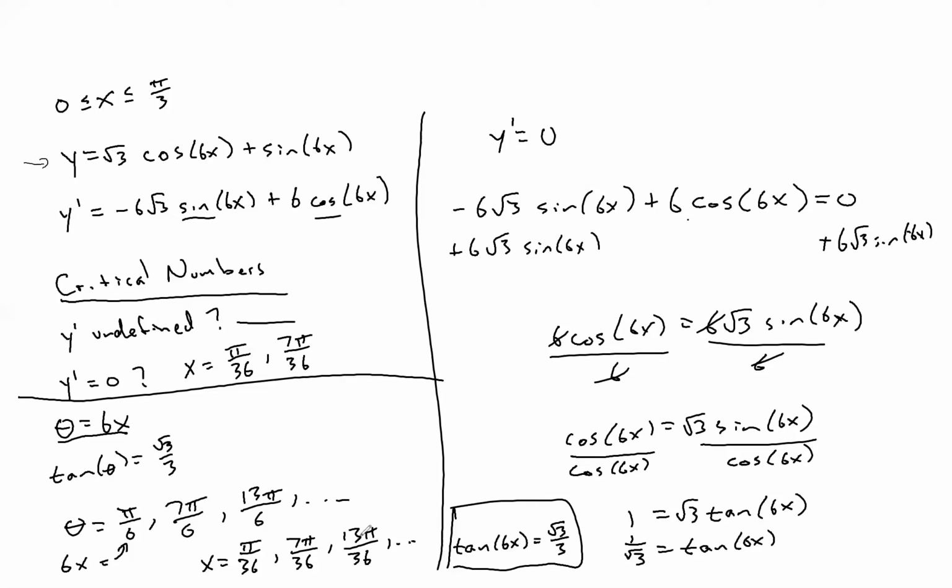All right, so really just these two x values are the ones that are my critical numbers inside of my interval.